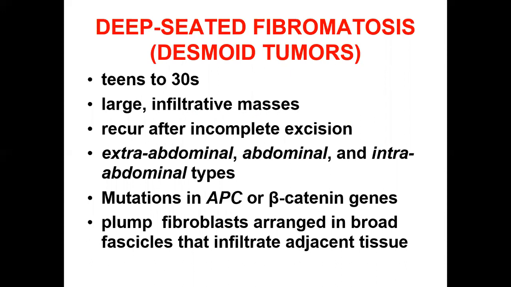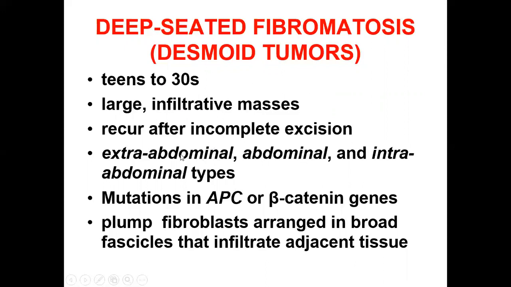And then is deep-seated fibromatosis, which is also called desmoid tumors. In the teenage to 30 years age group, they are often large and infiltrative masses. They also recur after incomplete excision.